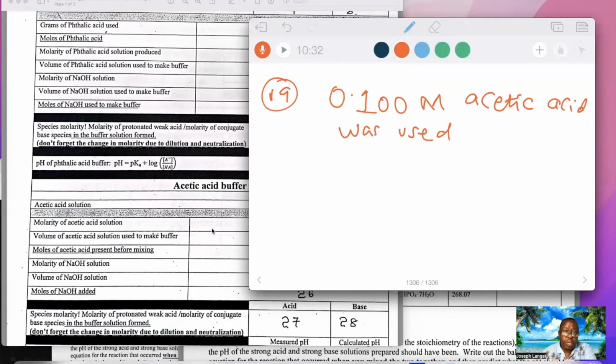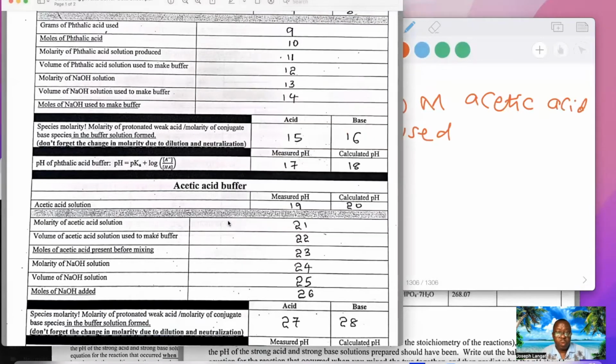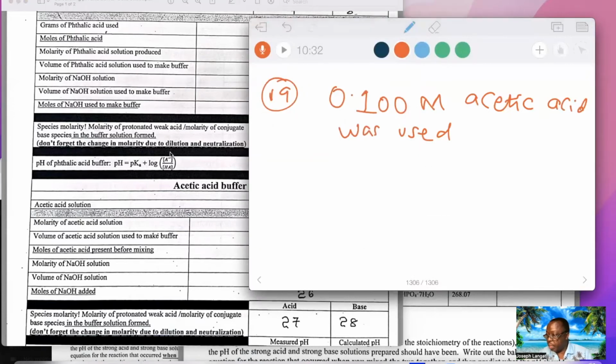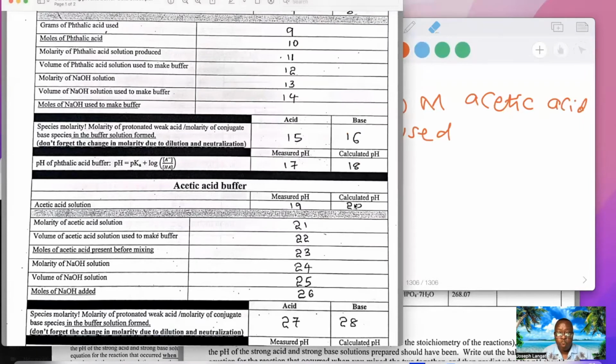You should be reading the instructions so that you know what to do. Before we get to that, I don't think we even need to do this, because already you have to use the pH meter for 19. We'll come back to the pH of acetic acid. It is 20 here.